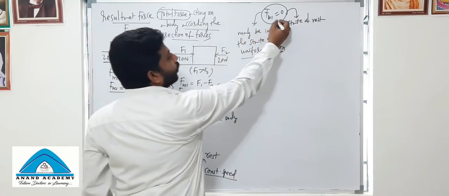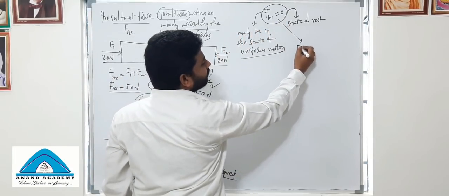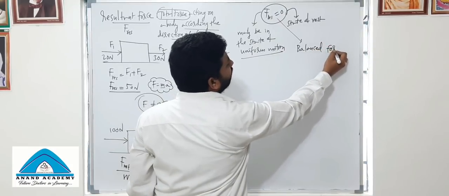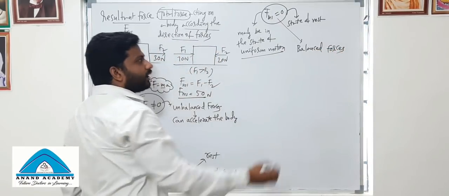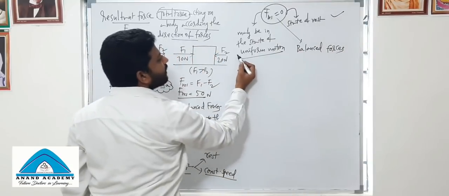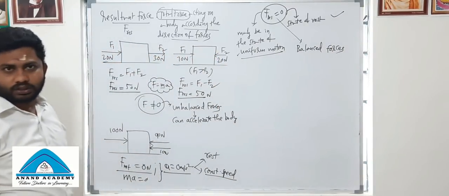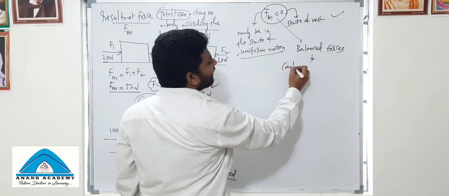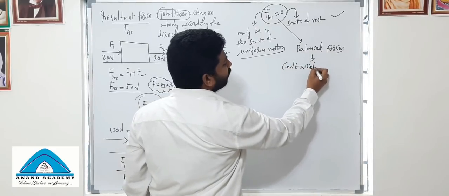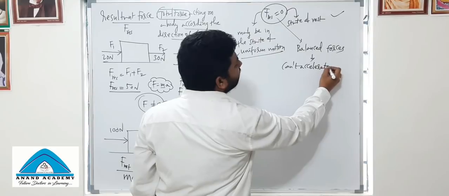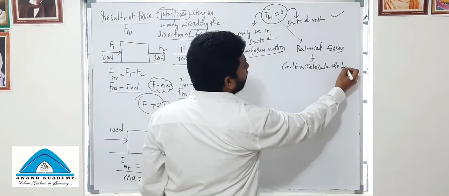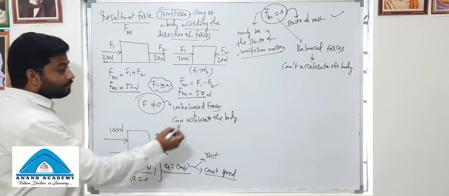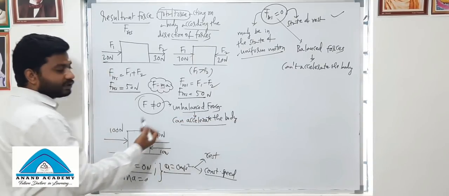Now, net force is 0. So then these forces are called balanced forces. Under the action of balanced forces, the body may be at rest or the body may be moving with uniform motion. Right? And these balanced forces cannot accelerate the body. The balanced forces cannot accelerate the body, but unbalanced forces only can accelerate the body.